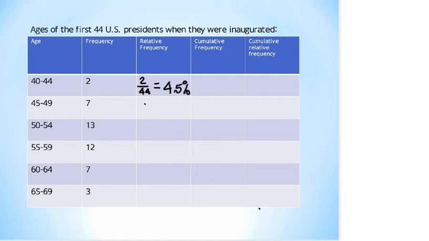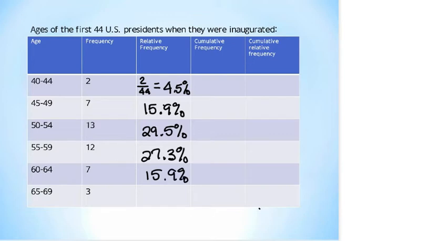And if we do 7 divided by 44, we get 15.9%. 13 divided by 44 is 29.5%. 12 divided by 44 is 27.3%. 7 divided by 44 is 15.9% again. And 3 divided by 44 is 6.8%. So this is the relative frequency. We've just taken the frequency and turned it to relative frequency.